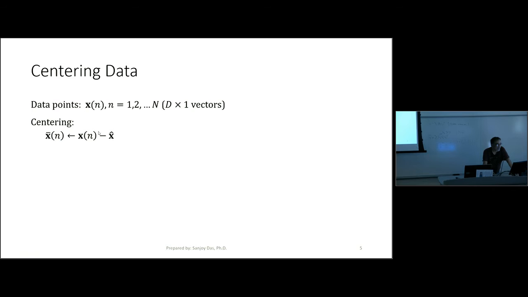What is x hat? The average of all x_n's, right? Now if I remove this, what will be the average? If I take all sample points, center them individually, and then compute the average, what will I get? The average will be 0, right?